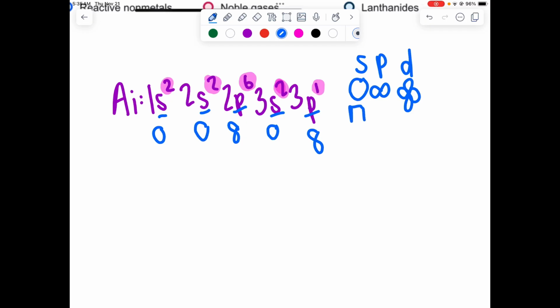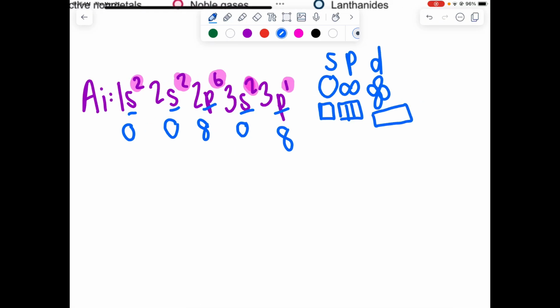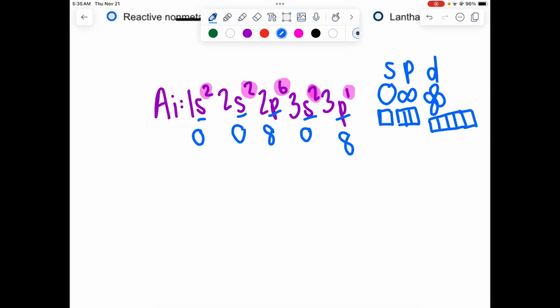So S only has 1 box, P only has 3 boxes, and D has 5 boxes. Okay, now let's put that here. So now since we're doing boxes, this would have 1 box, 1 box, 3 boxes, 1 box, and 3 boxes.